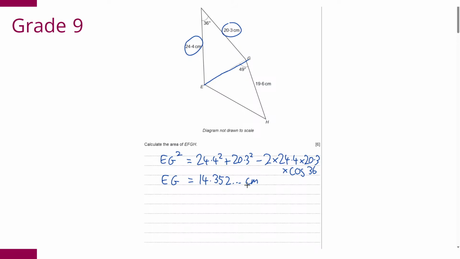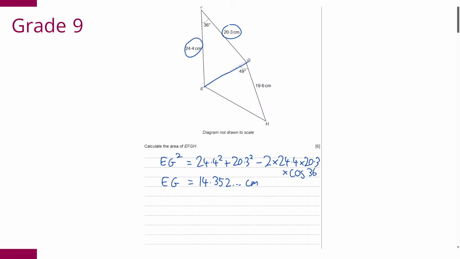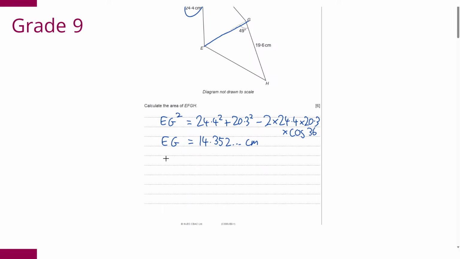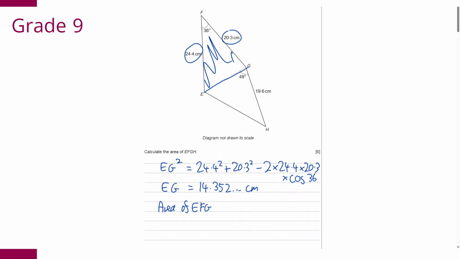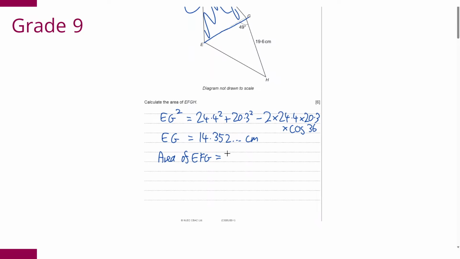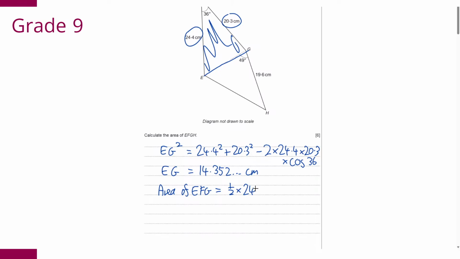So we've got that bit, and then we use the trigonometric area formula, right? So we're going to work out the area of EFG, which is that one here, using the formula, which is half times the 24.4, which is here, times the 20.3, which is here, again either way around, times sine 36.